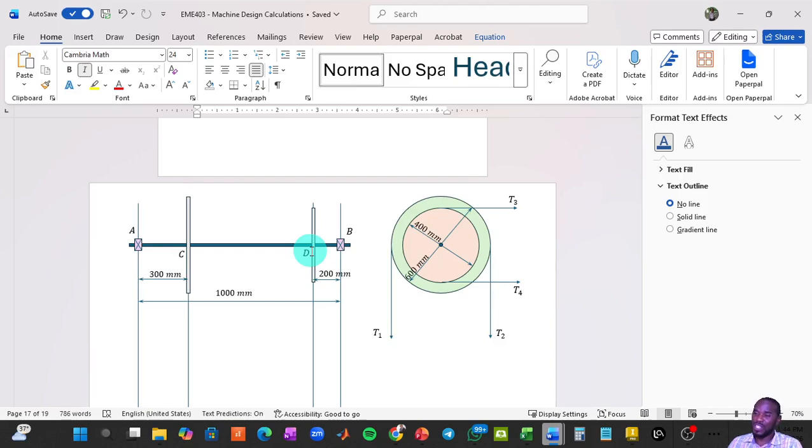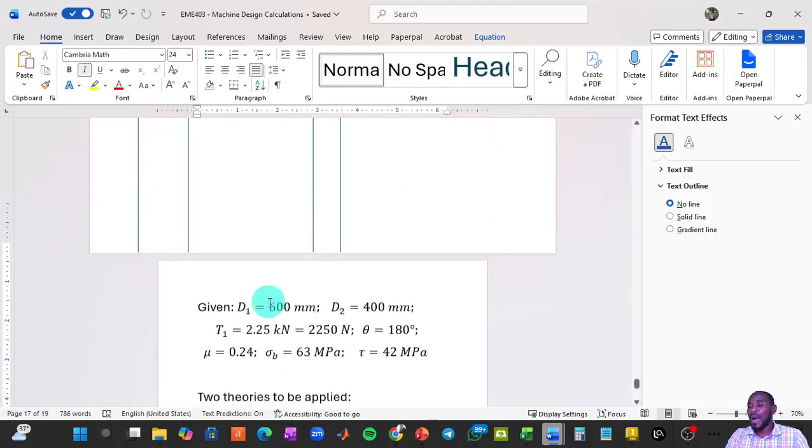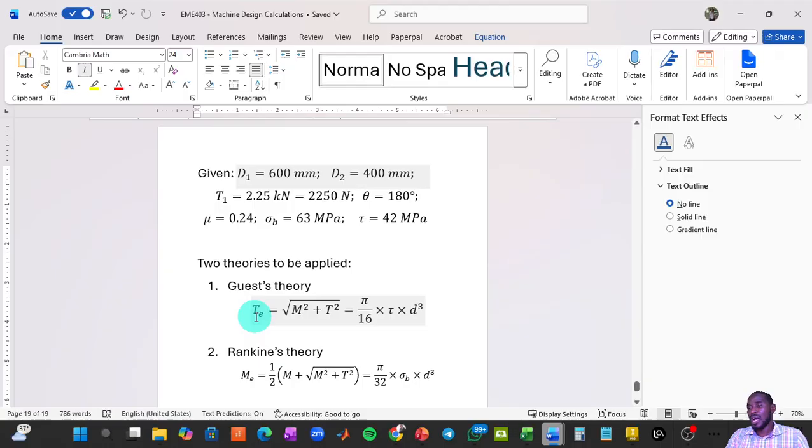Then when we finish, we will find the vector sum of those two bending moments, the horizontal and the vertical, to determine what the maximum bending moment is. You will see as we do it. Then only can we come back to this equation and impute the values.